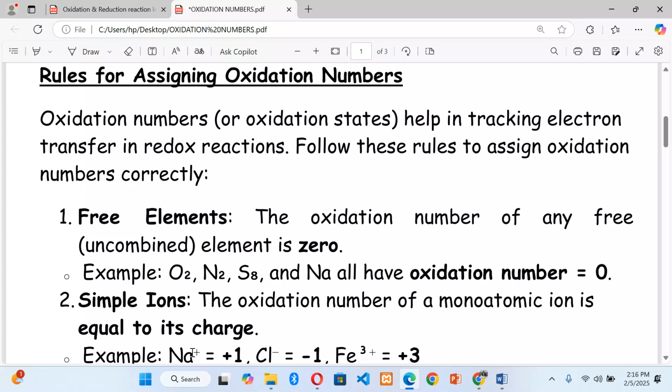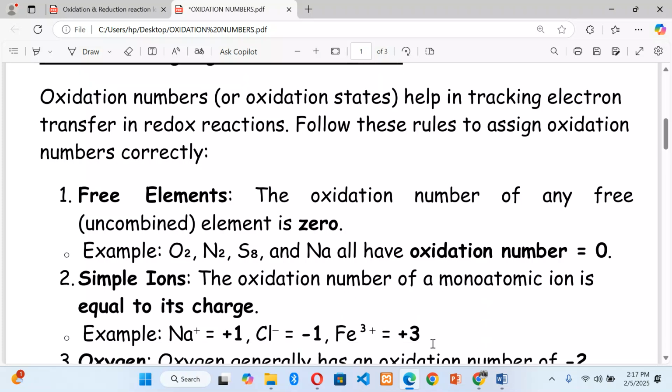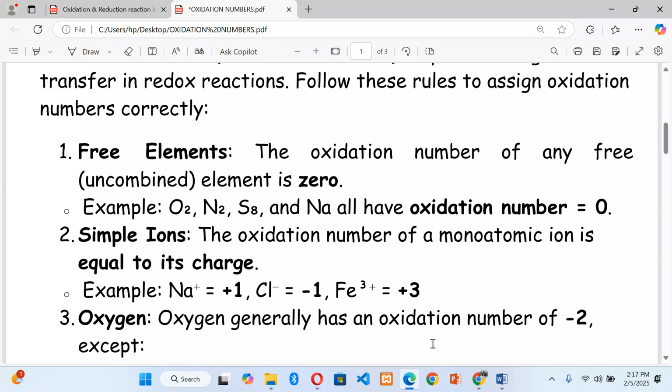For example, the sodium ion has a charge of +1, which means its oxidation number is +1. The chloride ion has a charge of -1, therefore its oxidation number is -1. Then Fe3+, its oxidation number is +3. So the oxidation number of any simple ion is equal to its charge.